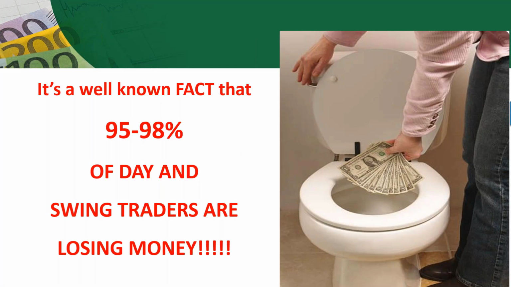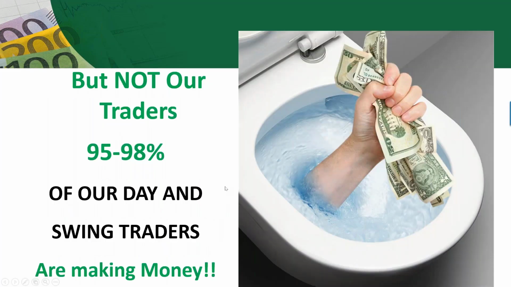When somebody opens up a $5,000 account, we know that money is going to be ours very shortly. But not our traders. Our traders are making money. This guy is taking that money from the retail trader. We want to be with the guy taking the money from the retail trader. That's what we do. That's how we trade.